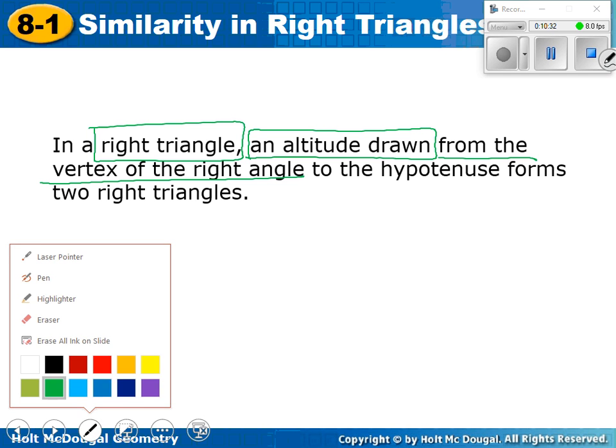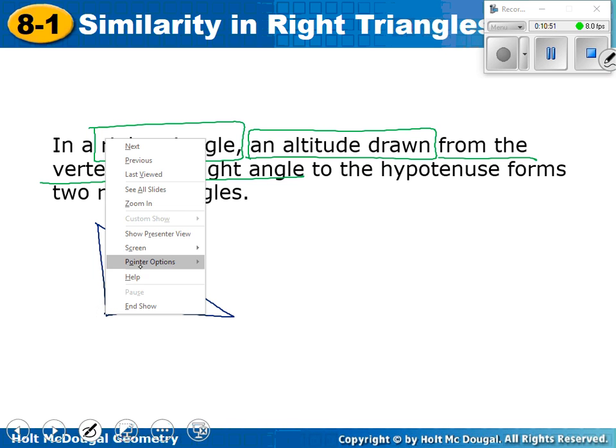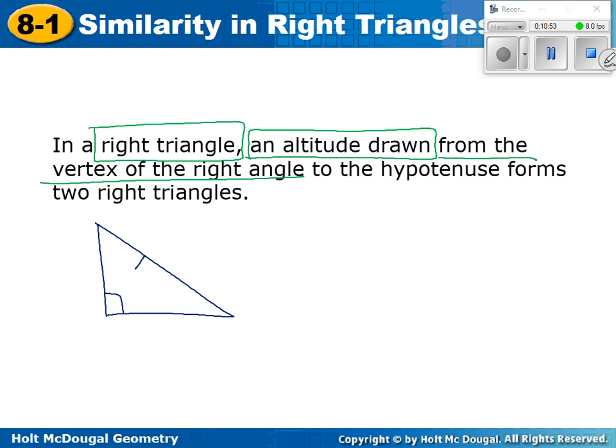A right triangle. And then specifically in that right triangle, you have to have an altitude. This goes back to chapter 5. Altitudes go perpendicular from the vertex to the opposite side. You have to have an altitude drawn from the right angle to the opposite side.